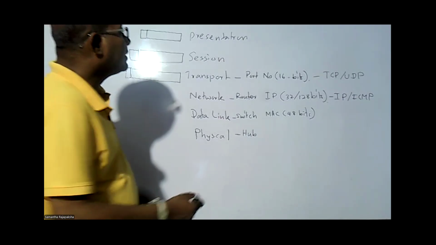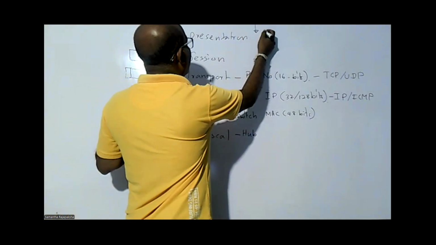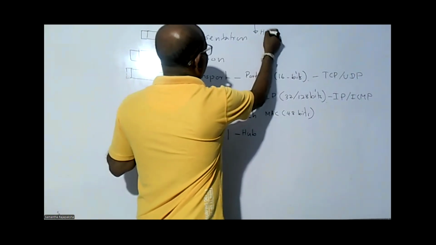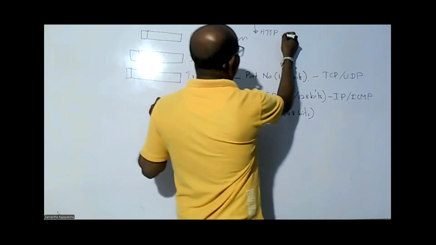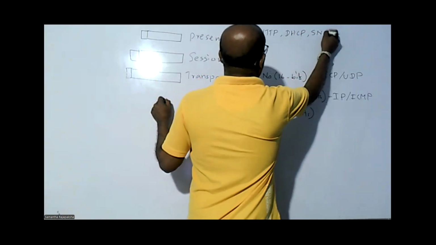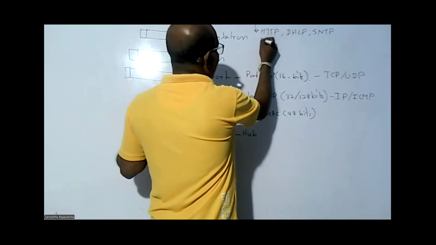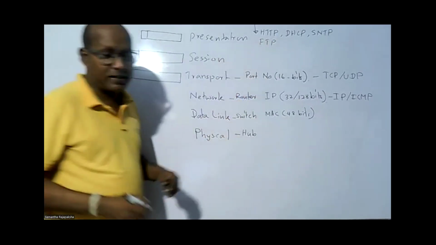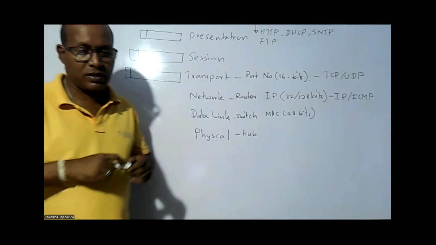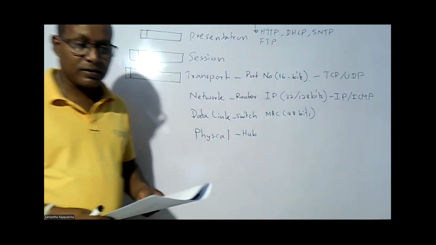And in the application layer, we have HTTP, DHCP, SMTP, and FTP. Those are running in the application layer. Application specific protocols. So just keep in mind those are the OSI 7 layers.